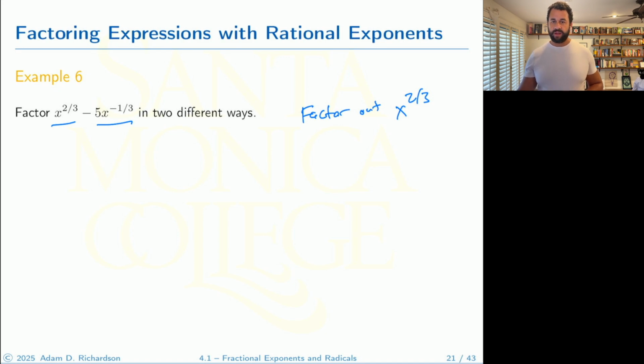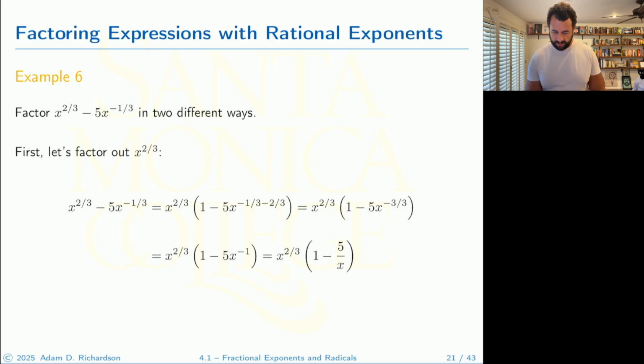Okay. All right, here we go. So again, I'm just going to appeal to counting the whole time, right? So if I'm going to factor out x to the 2/3, this has 2/3 x's. I'm taking out 2/3 x's, so I'm left with 1. I took away all of them. I'm left with 0 x's. Anything to the 0 is 1. Now here, look at this one.